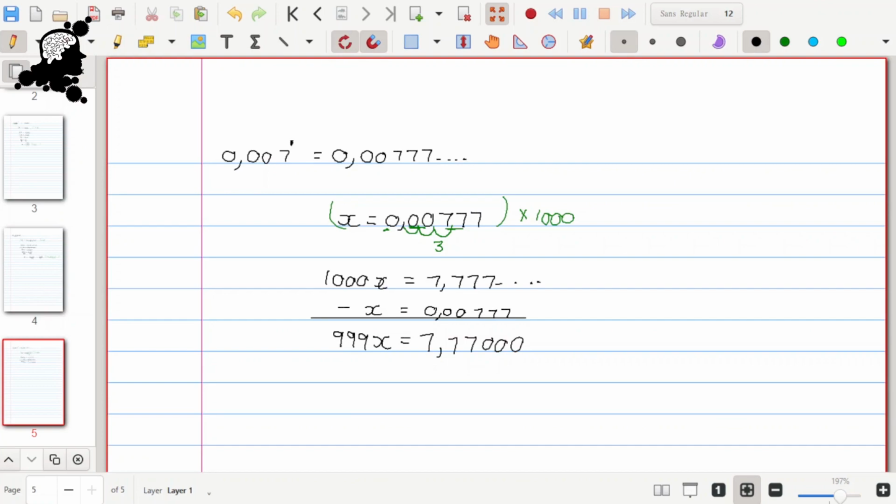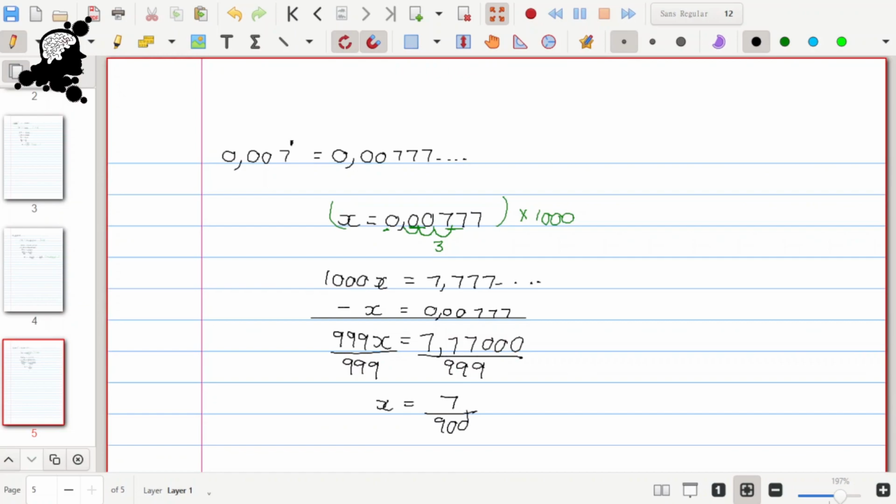So the next step would obviously be to divide by 999, divide this by 999, and what we are going to get here is x is equal to 7 over 900. There we are.